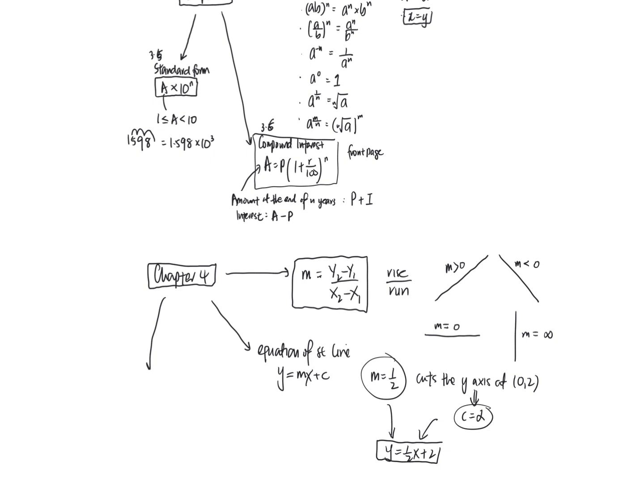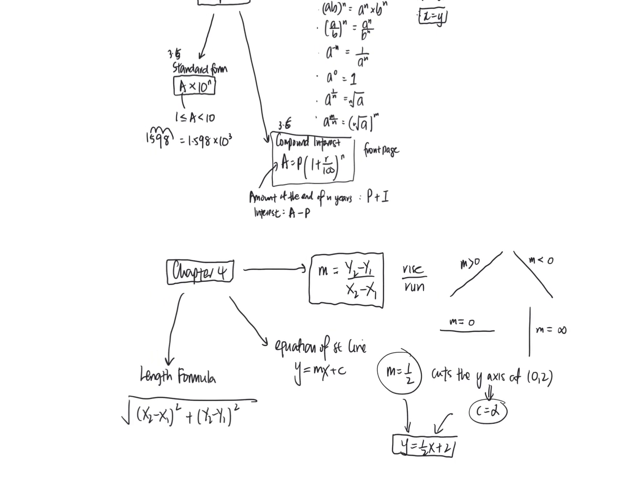Last thing I can test you in this chapter is length formula. Okay, length formula, remember, is always the difference of the 2 x coordinates squared plus the difference of the 2 y coordinates squared. Okay, for example. So just make sure you know the three formulas: equation of straight line, length formula, gradient.